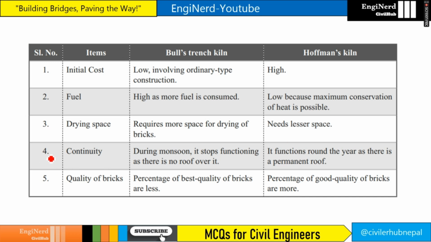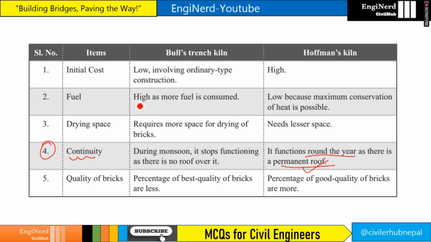The kiln which may work throughout the year is Hoffmann kiln, right? Because if you see in the Hoffmann kiln, it is continuous and functions round the year as there is a permanent roof. Since it has a permanent roof, it will function around the year, right?